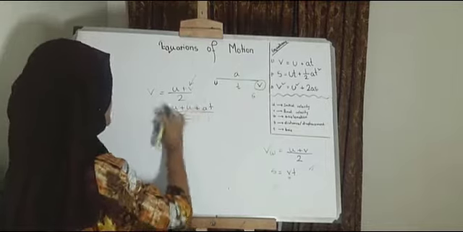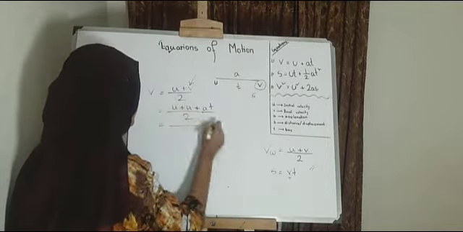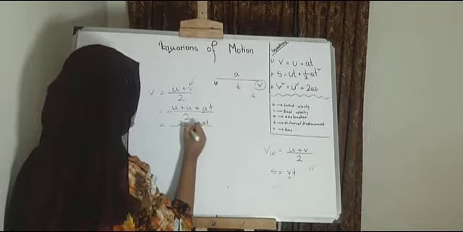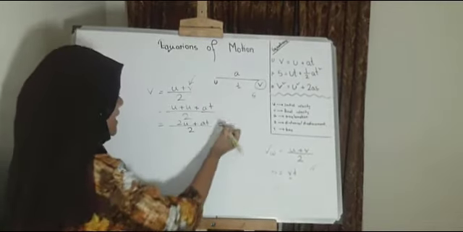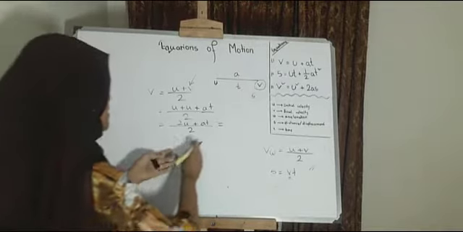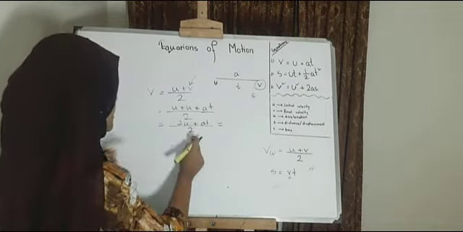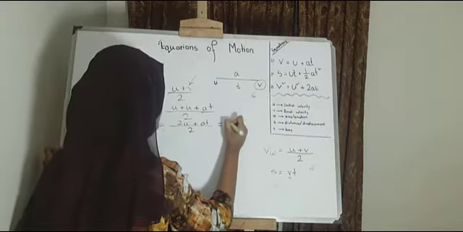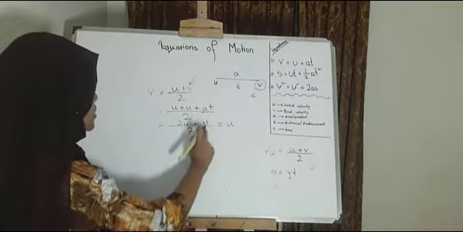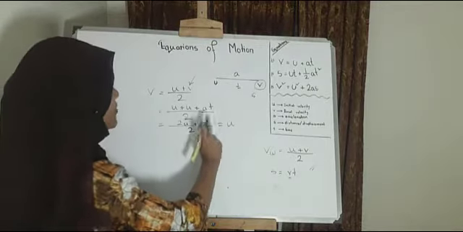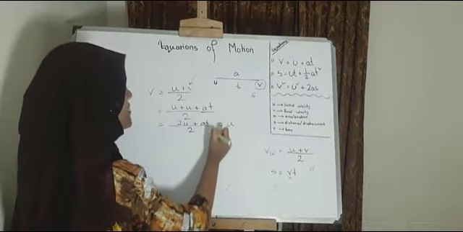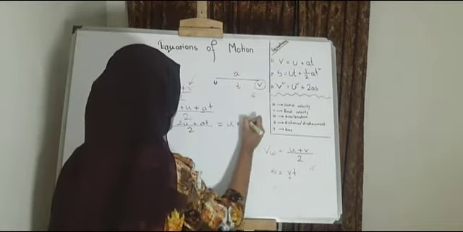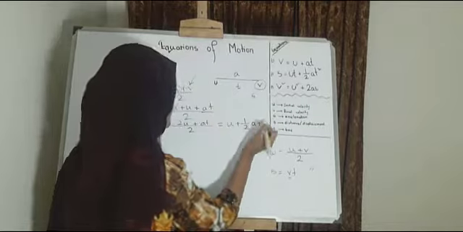If we sum up, here is 2u, so (2u plus at) divided by 2, right? And if we break it, the 2 cancels, then it will be u, and then 2 below, and here we have at. So at divided by 2, we can write simply as plus half at.